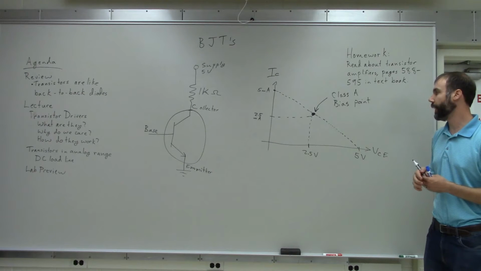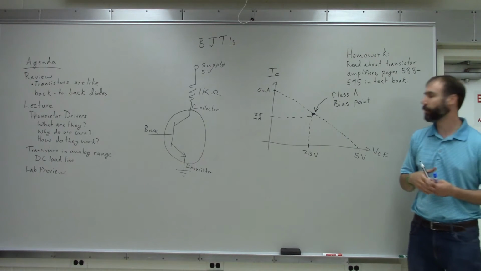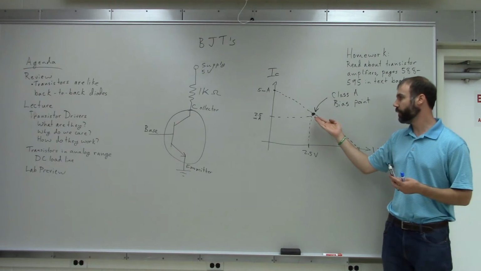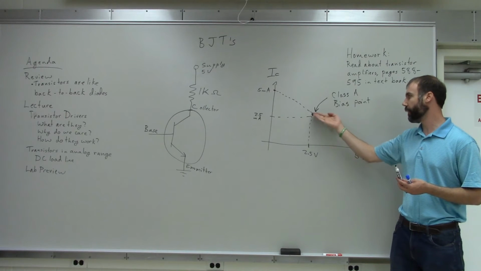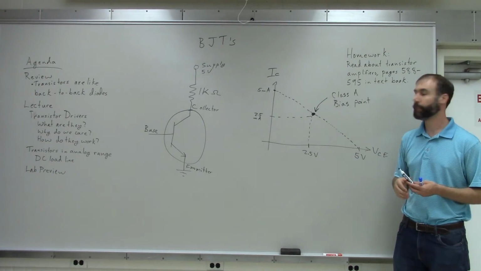Because when you're using a Class A amplifier, like we'll see next time, you set the transistor to be right at this point. Okay?